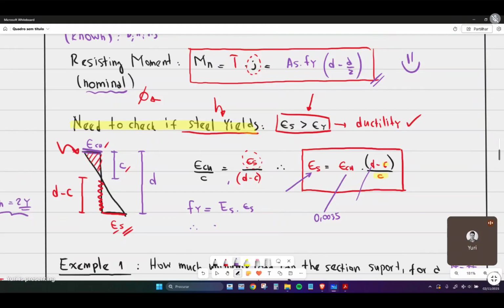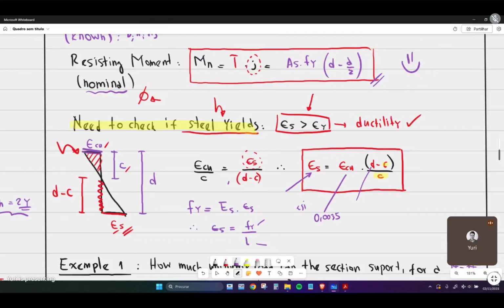So the strain is going to be fy divided by the modulus of elasticity. It depends on the type of steel. If you have 60 ksi steel, you divide 60 by the modulus. Actually, I used this wrong. It's the opposite, because it would be too low.